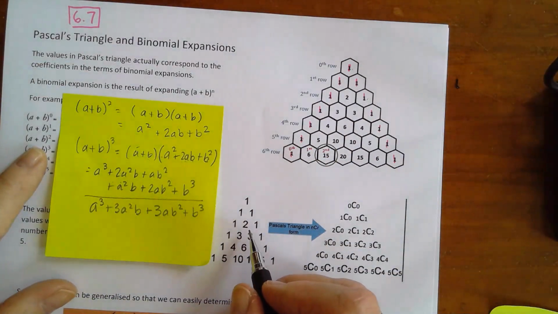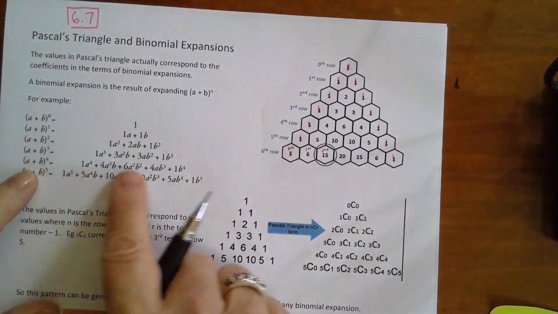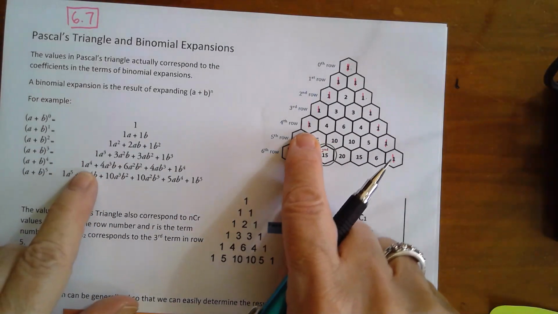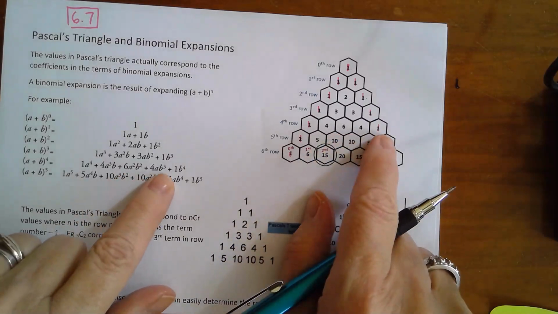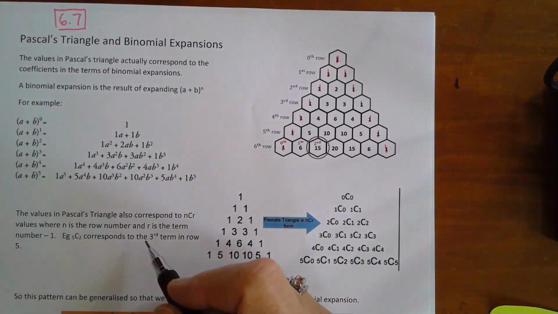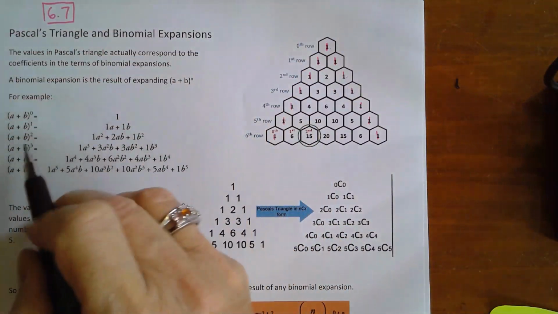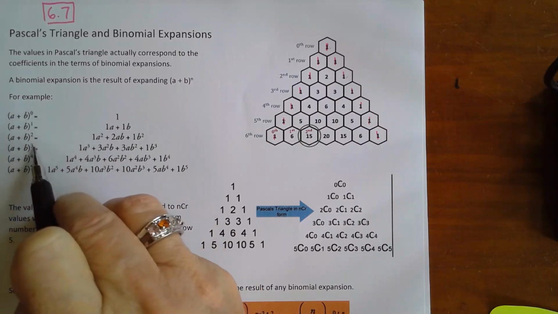So now it's really easy for me to expand anything like this because I just use Pascal's triangle and I put the numbers. If it's to the 4th, I use the 4th row. 1, 4, 6, 4, 1. But how do you get the a and the b? Well, you start with whatever power is here. That's going to be the first term, just the a cubed.